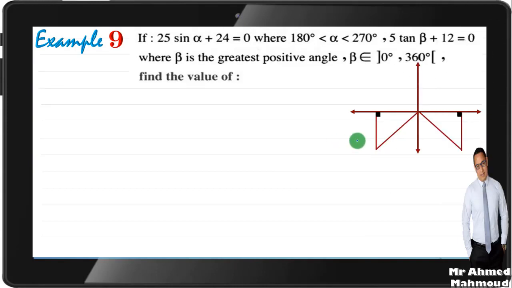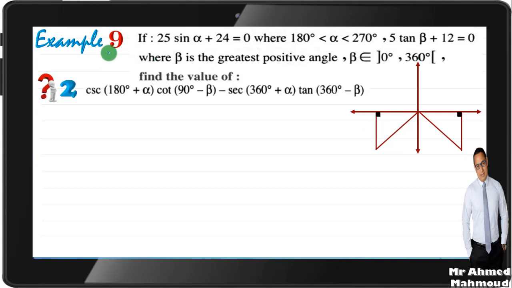Okay, this is also the rest of the second required of example 9. Don't forget here negative 7, negative 24, 25, and this is alpha, this is beta, 5, 13, and negative 12.